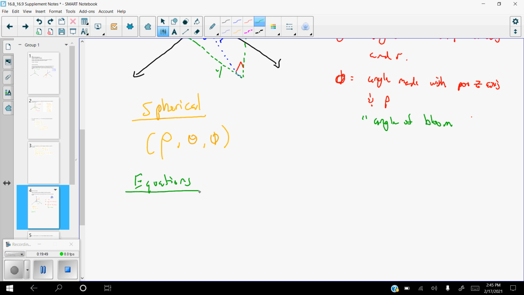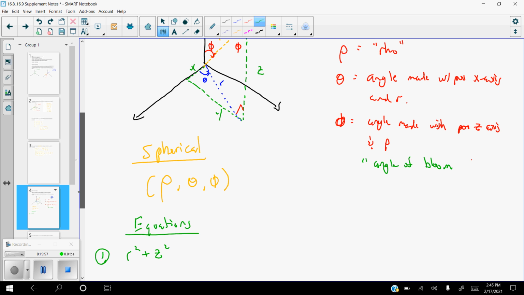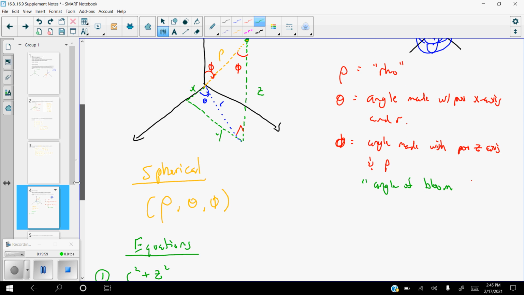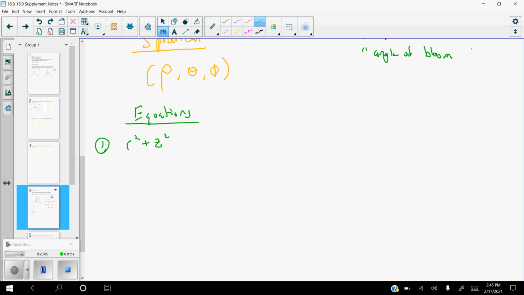The first equation says that r squared plus z squared equals rho squared. That's the Pythagorean theorem of that vertical standing triangle that I was defining earlier. So that's actually a way to get from cylindrical into rho, which is spherical.